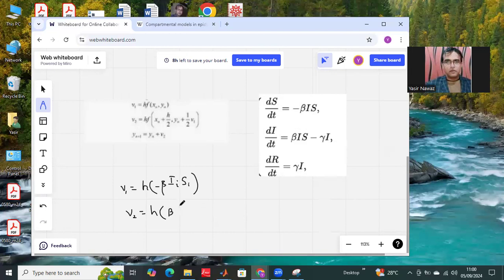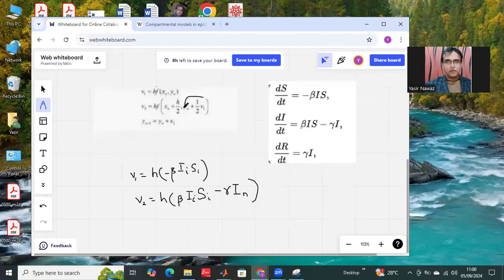So it's beta I at i, S at i, minus gamma I. I used this for the first equation; now I apply it for the third equation.